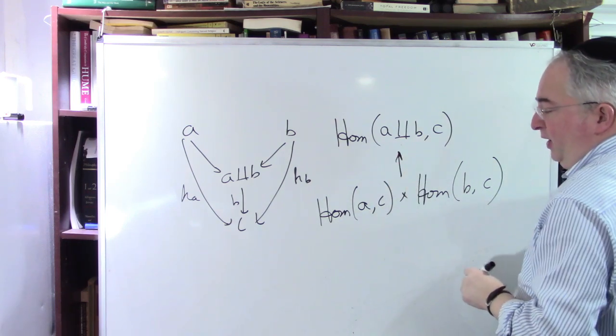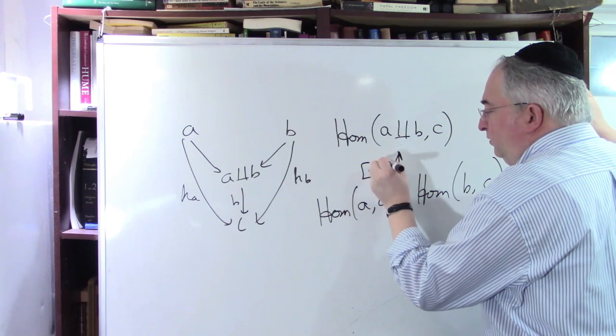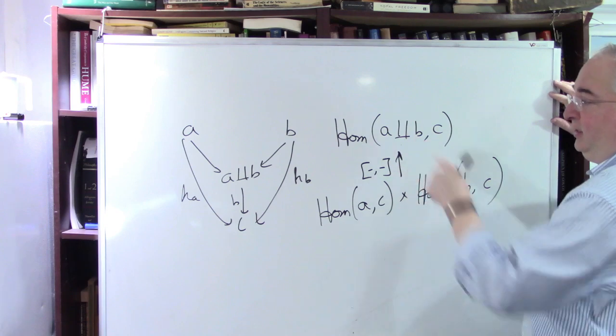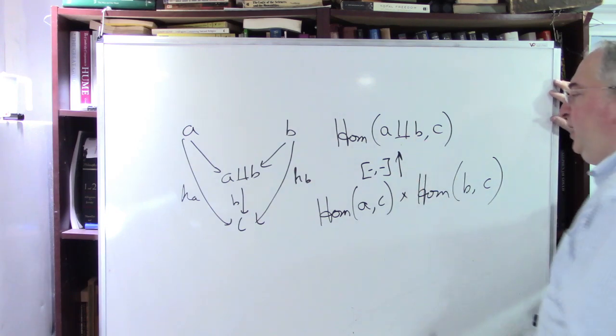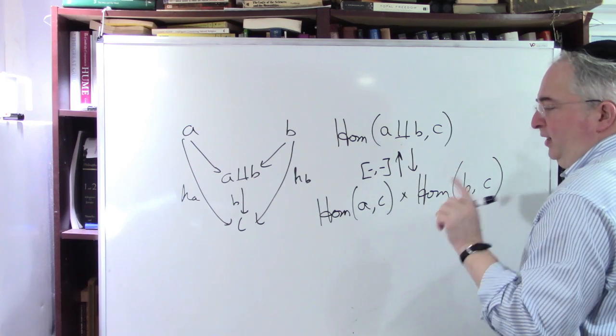That goes like this. And by the way, we know how to do this: take these two maps and put them into square brackets and you get something over there. And there's another way of going this way.